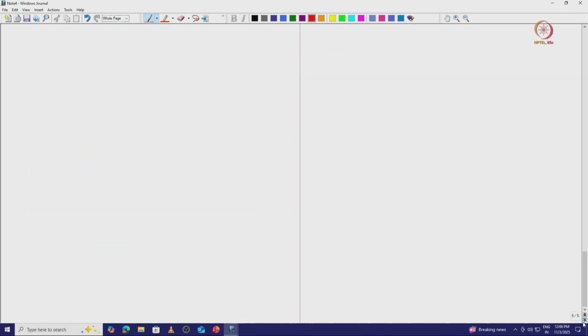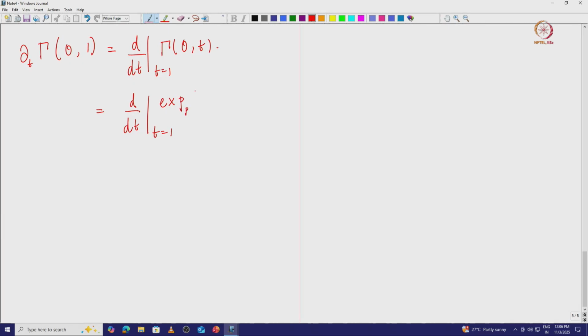On the other hand, what is this evaluated at 0 comma 1? Well, that is d by dt at t equals 1 of gamma of 0 comma t, which is what? So gamma of 0 comma t is just the exponential of t times v naught.